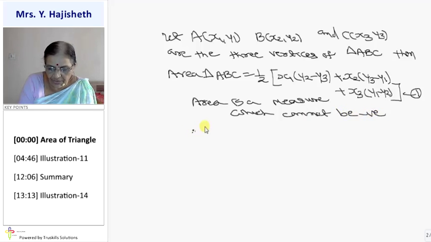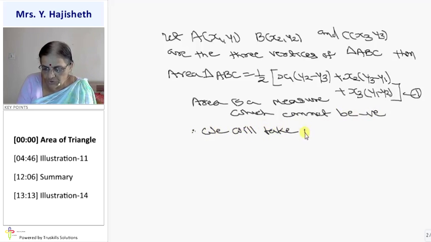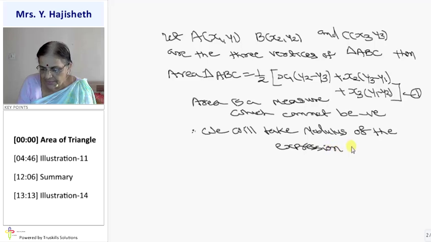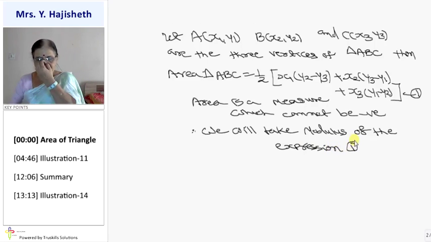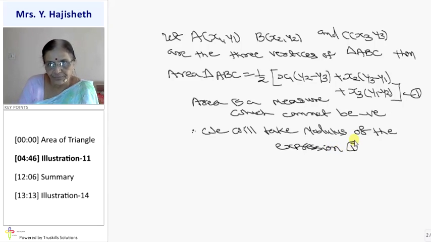So we will take the modulus of this, or I can say the numerical value of expression 1. Whatever comes, its modulus value, or numerical value, will be accepted for area, okay? Right?